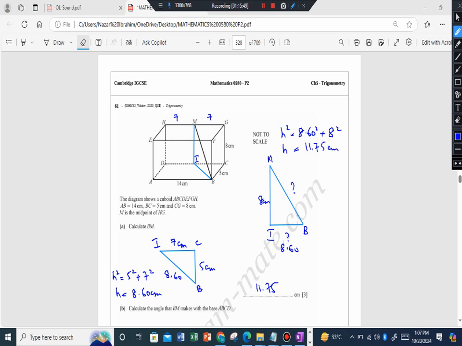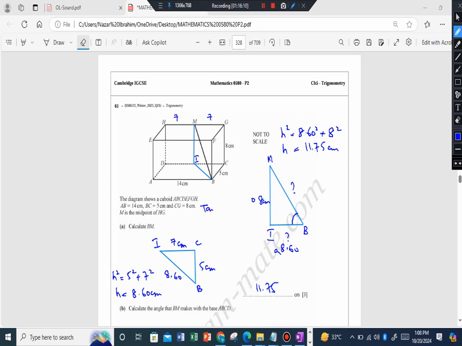Okay, now the last part is to calculate the angle that BM makes with the base ABCD. BM makes with the base ABCD, it means that this angle is required, right? Opposite is known, adjacent is known, applying tangent.